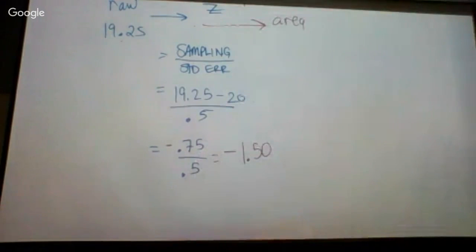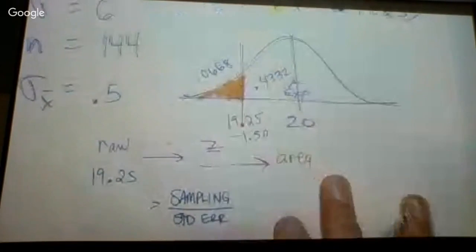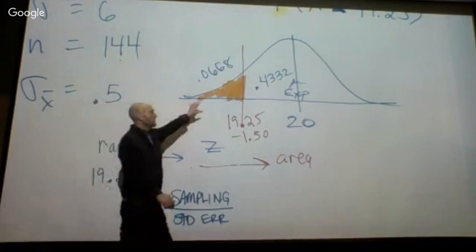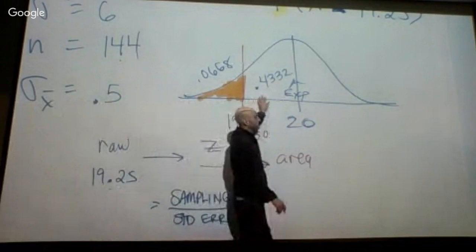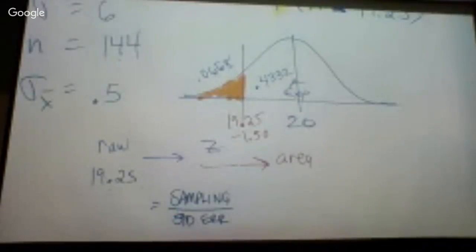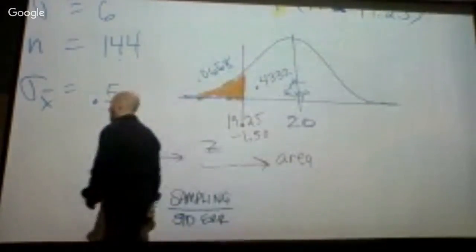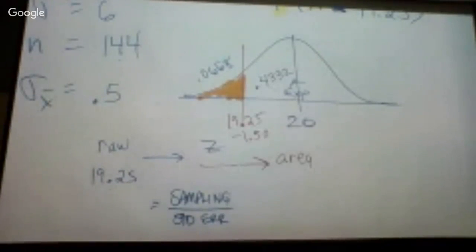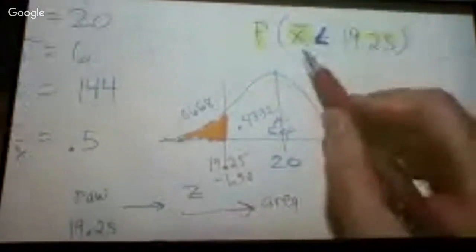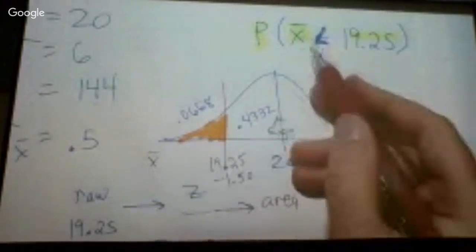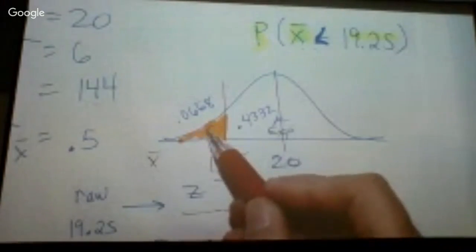Why is the area in orange the thing that we want for our answer rather than just this 0.4332? Very good. Because it says less than. Our question, not shown, says what's the probability that x bar is less than 19.25? So we got to go that way.